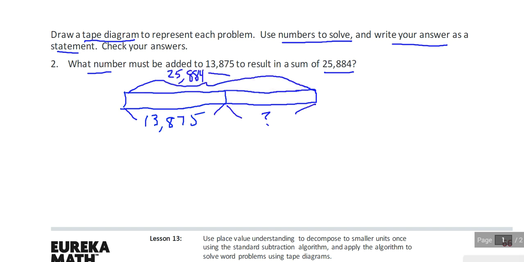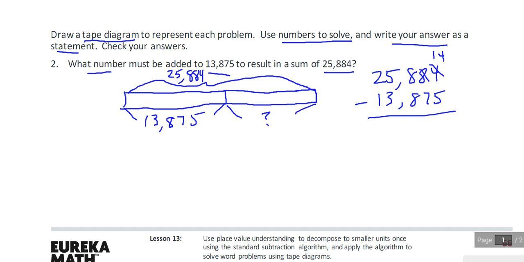So in order to find that out, we use standard subtraction. So we got to write this, 25,884, and we're going to subtract 13,875 from that. So let's go ahead and do that. Well, 4, we can't take 5 from 4, so we'd have to make that 14, and we're going to make that 7.